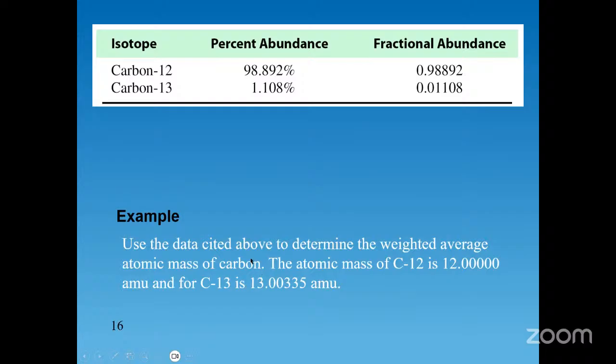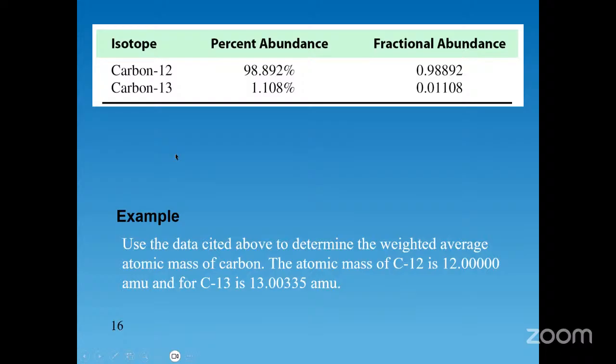Now, in order for us to calculate that, in addition to this data right here, we're going to need the masses of the different isotopes. So they're given right here. The carbon-12 mass is 12.00000 AMU, and that for carbon-13 is 13.00335 AMU, all right?